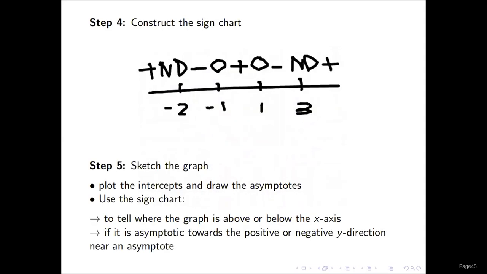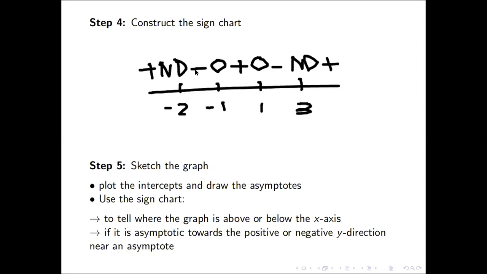So if you look at the sign chart, first of all, -2 is a vertical asymptote, x equals -2. Now, to the left of -2, we have a positive sign. To the right of -2, we have a negative sign. So to the left of -2, it will be asymptotic towards positive infinity or the positive y direction.